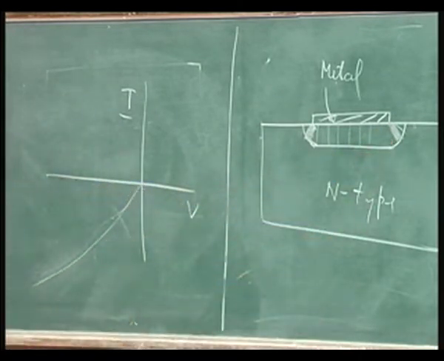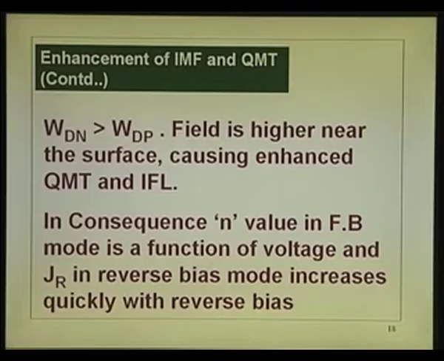So, I said here WDN field is higher near the surface, causing enhanced quantum mechanical tunneling and image force lowering effect. In consequence, the n value in the forward bias mode is a function of voltage, and the reverse current in the reverse bias mode, JR or IR, keeps on increasing. That is the curve that we have shown there.